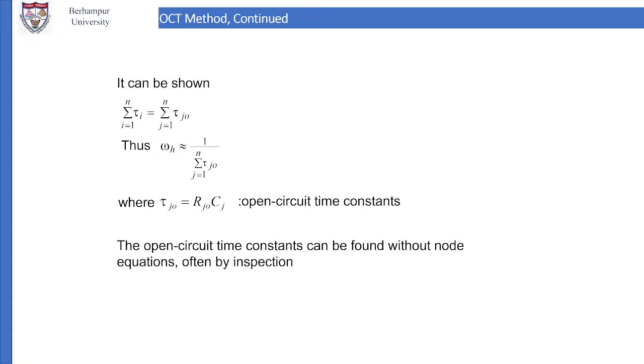Now what is tau j0? Tau j0 is equal to Rj0 Cj. This is the time constant, the open circuit time constant. O is for open circuit. So the open circuit time constant can be found without a node equation, without using any equation, just by inspection. Once you know what Rj0 and Cj are, you can find the open circuit time constant. Once we know that, we can find omega h.